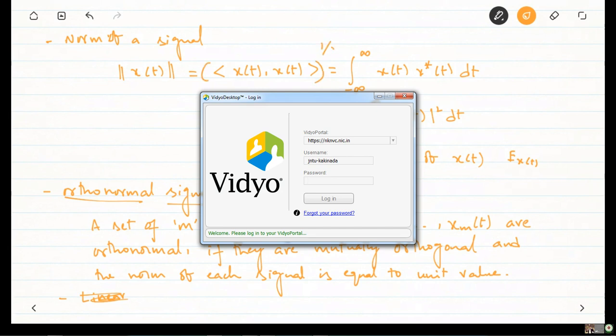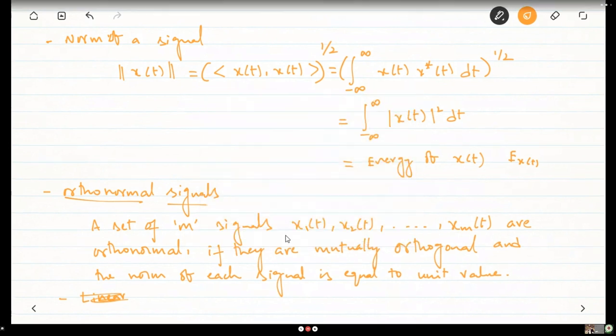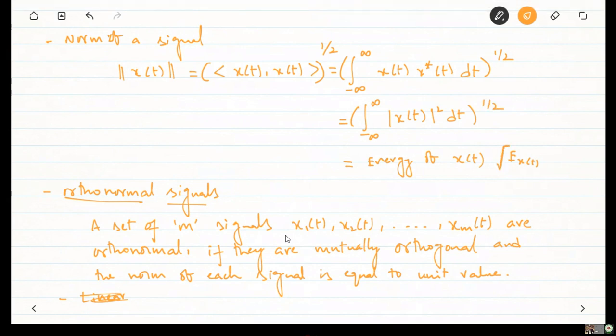So it should be power half. In that case, it is the square root of energy. So please make this correction.